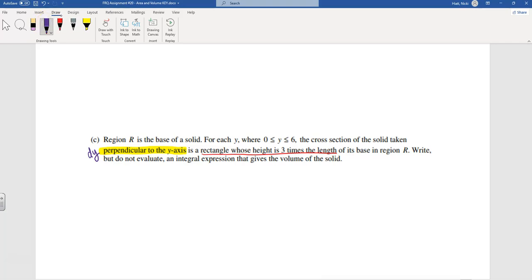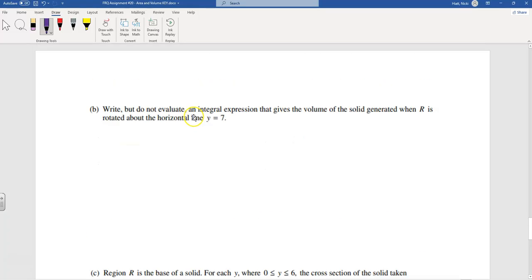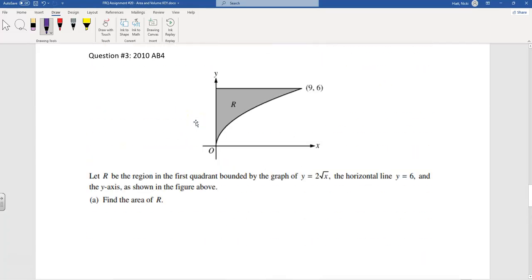So if I want area, I need A of y, right? If I want the area of a rectangle, I'm going to go back up here to my picture real quick. Perpendicular to the y-axis means that I'm going to have a line that goes across here, and I'm going to call it S. I'm going to measure that, like we did with those little squares, cut that out, and make a rectangle.